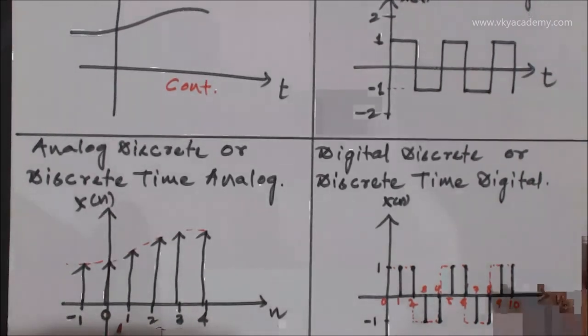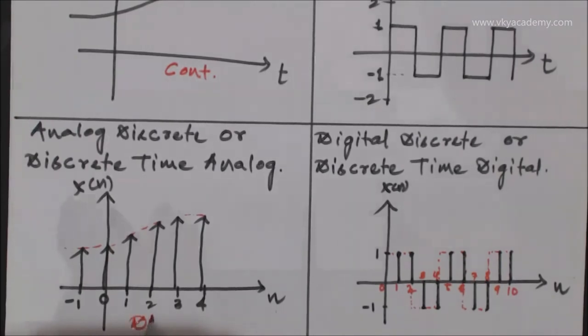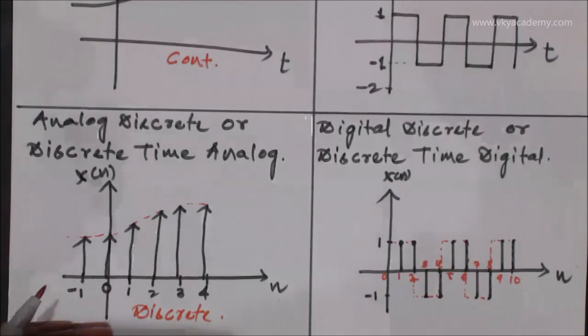As you can see here, the time is discrete, but the system takes all the possible values within a specified range on the amplitude axis. That is why, according to the amplitude or the dependent variable, we can say this is an analog signal. But depending on the domain, or you can say depending on the time, the signal is discrete time. So we can say that this is a discrete time analog signal.